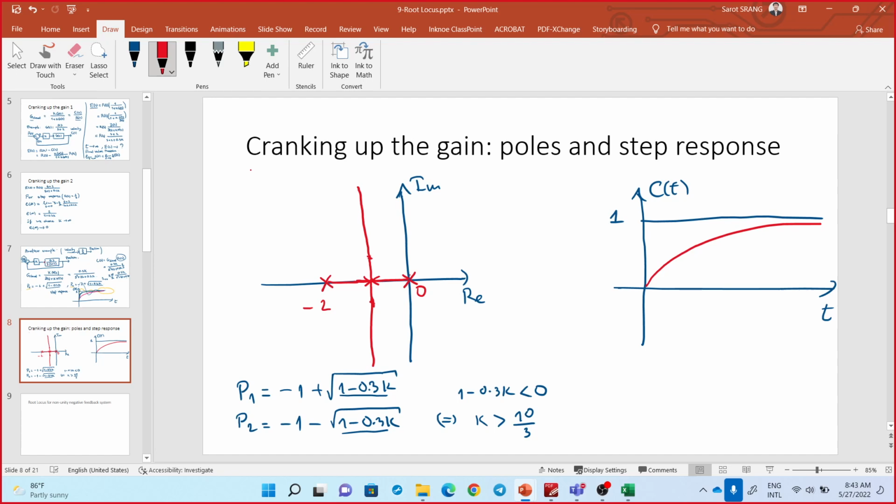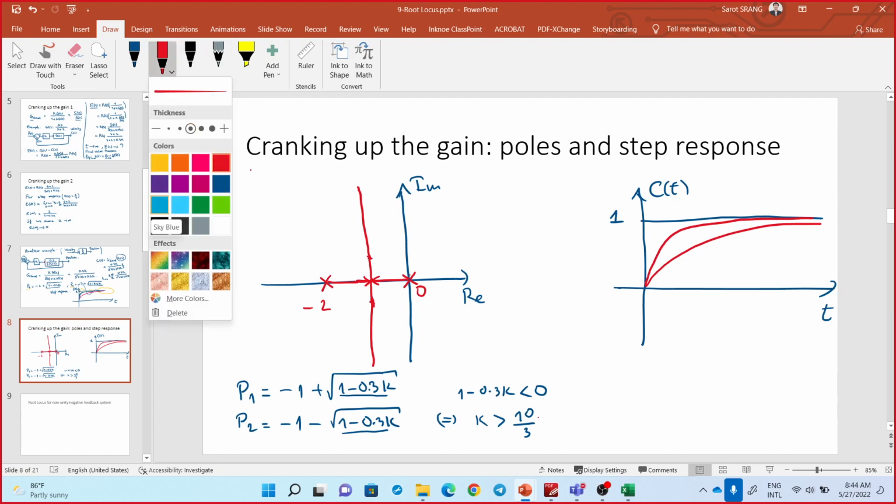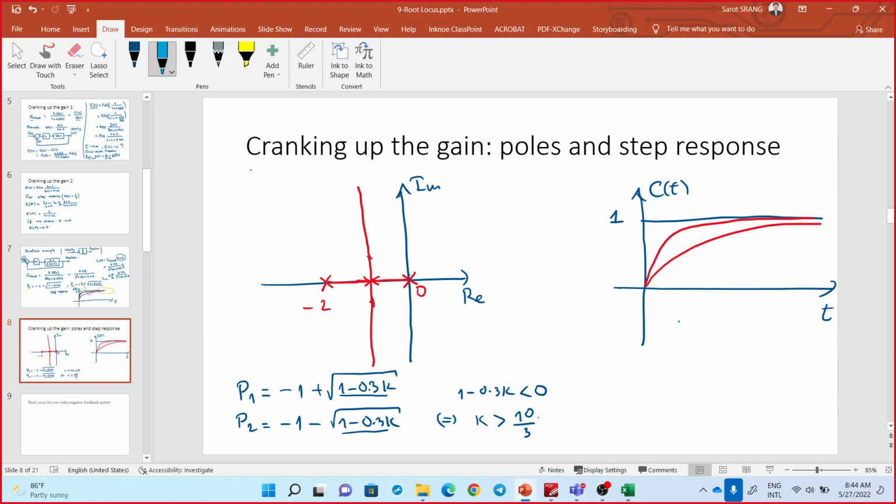For k equal to 10 over 3, we have critically damped. For k greater than 10 over 3, we have underdamped, like this.